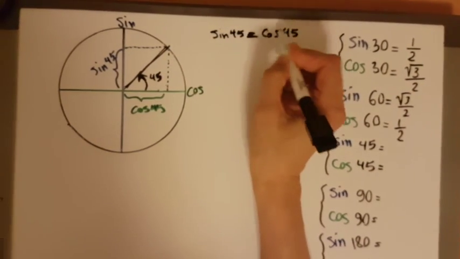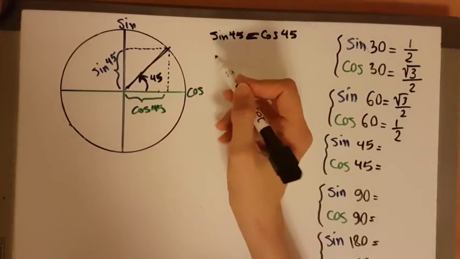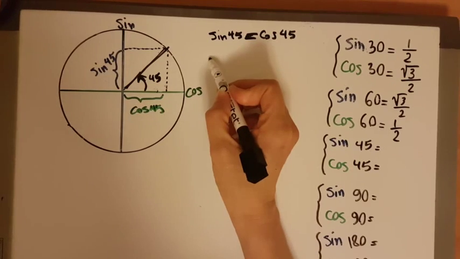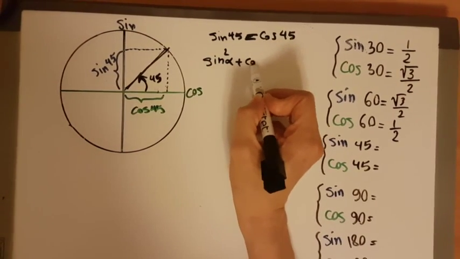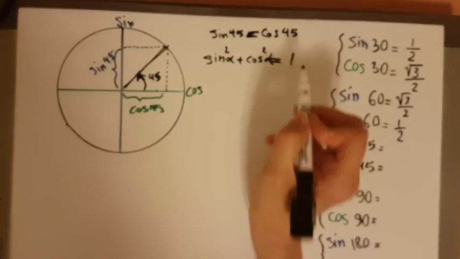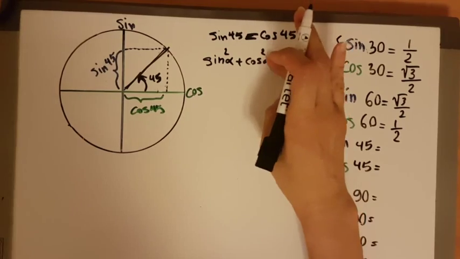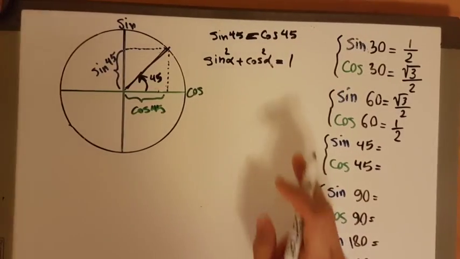They're equal. So now let's go to the unit circle equation. You know that for every angle alpha, sine square alpha plus cosine square alpha equals 1. So the sine square of every angle plus the cosine square of that angle would be 1.